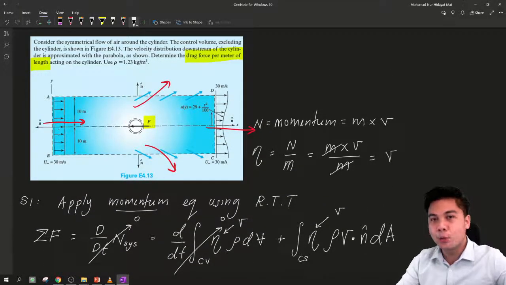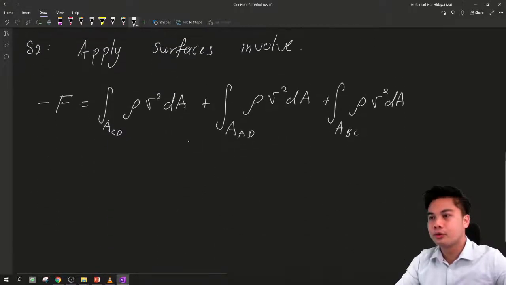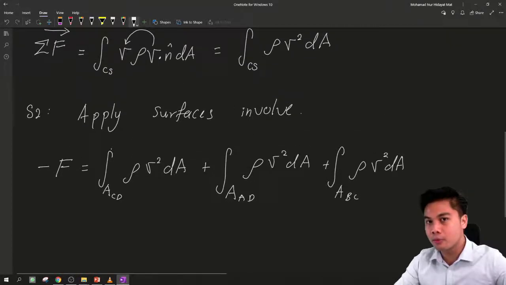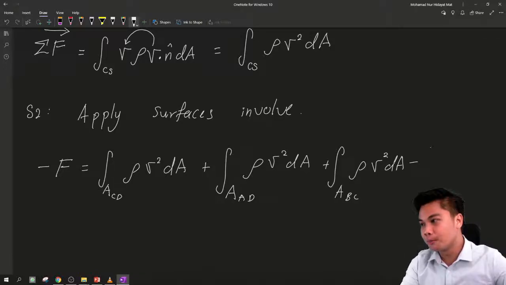You notice this is the rule of flux. When the flux is entering the control volume, it is negative. When it is out from the control volume, it is positive. So here this is positive because it is out from the control volume, and here it is negative because it is into the control volume.